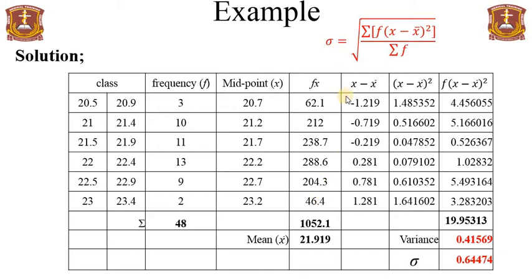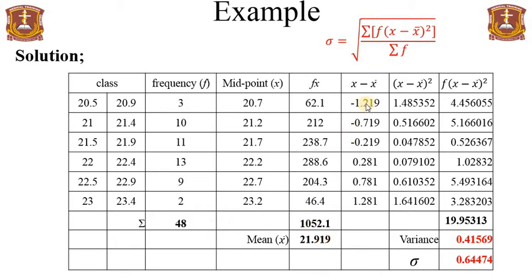The next step is to find the mean and the difference between the midpoint and the value of the mean which we have just found. So let's see what happens. How do we get the mean? Summation of f times x over summation of f. Just this divided by this, you get 21.912.